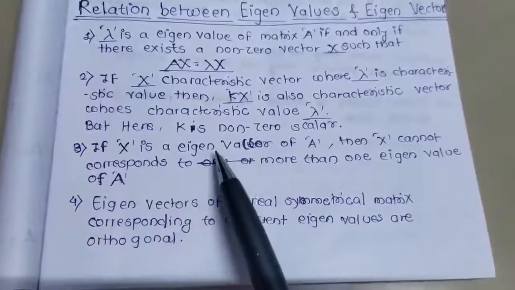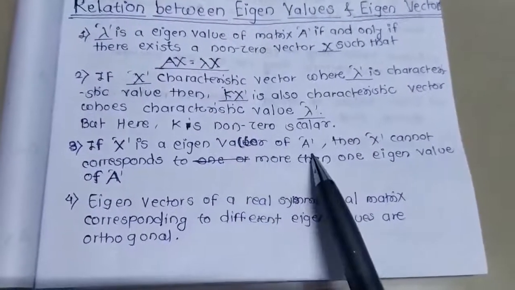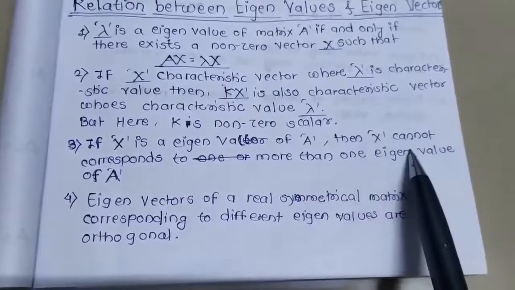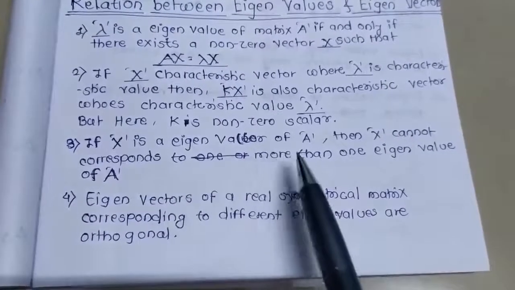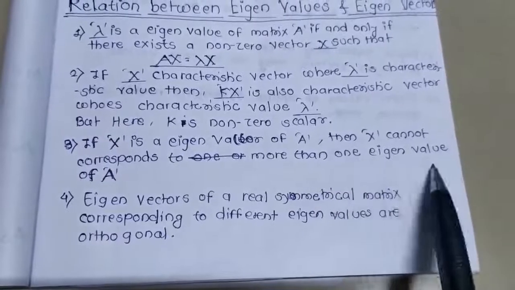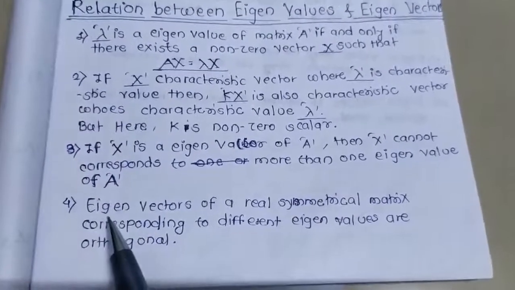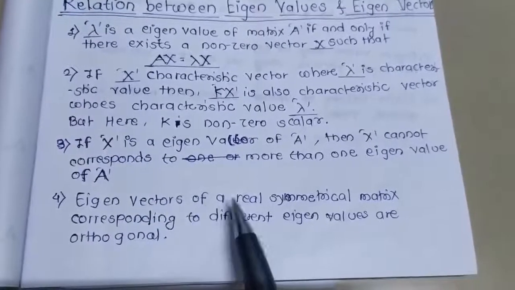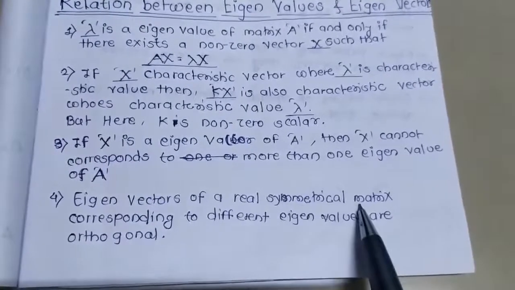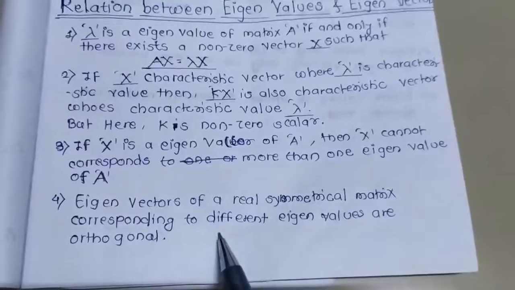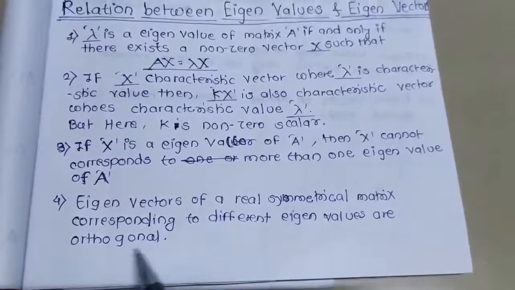If x is an eigenvector of A, then x cannot correspond to more than one eigenvalue of A. Eigenvectors of a real symmetric matrix corresponding to different eigenvalues are orthogonal.